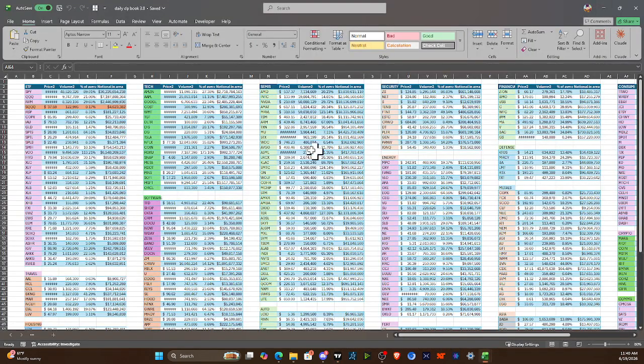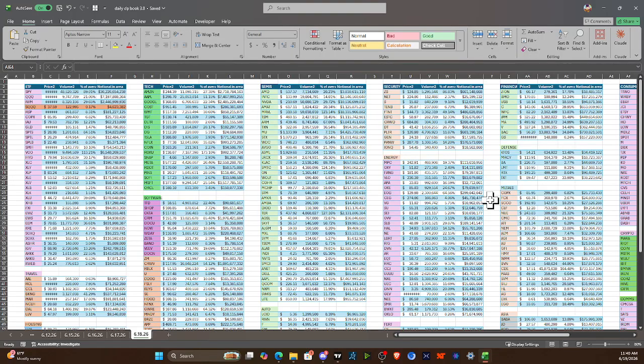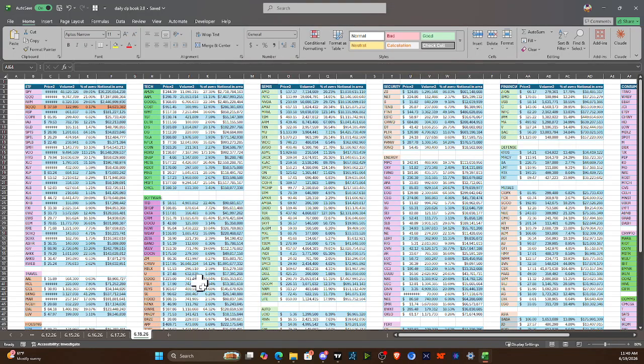This should look familiar, the sheet that I post. Hopefully this is coming through. I post this each day in our Discord darkpool room, and then I also have this sheet as an archive for each day.